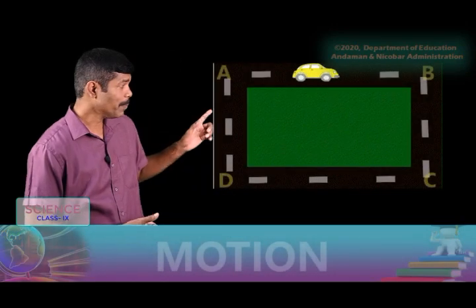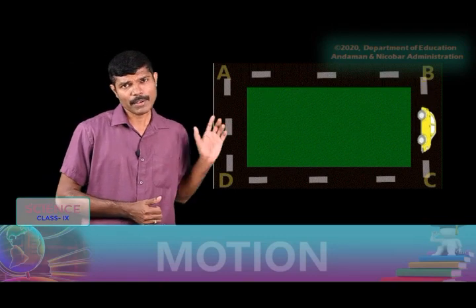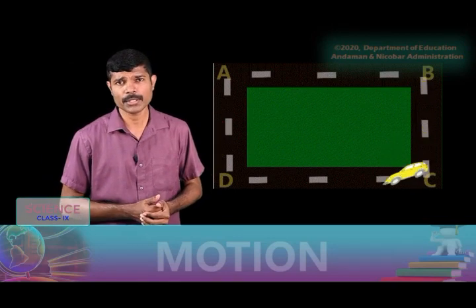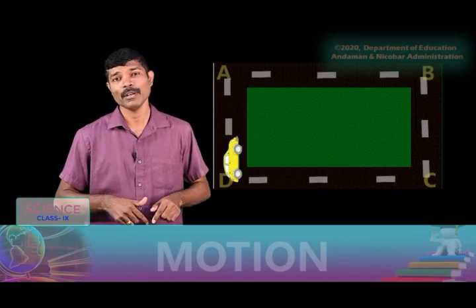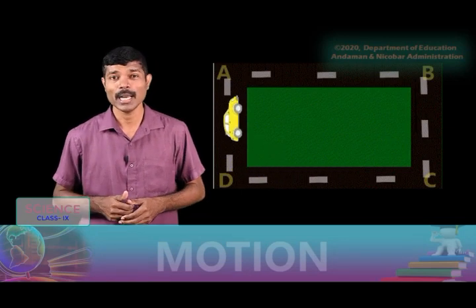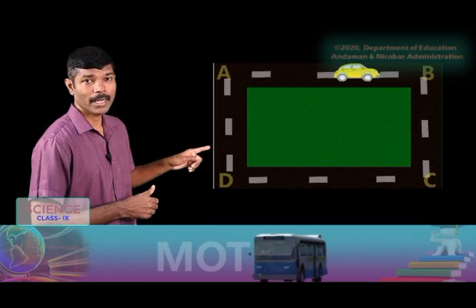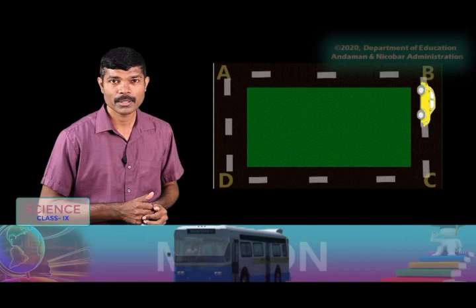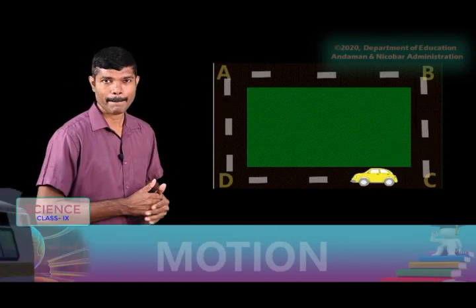Children, now look at the picture. Here the object is in motion. Here we assume that the total distance covered by the object is the same as the previous one, that is 100 meter. In order to cover the total distance, the object takes 2 minutes. So here also the speed of the object remains the same.